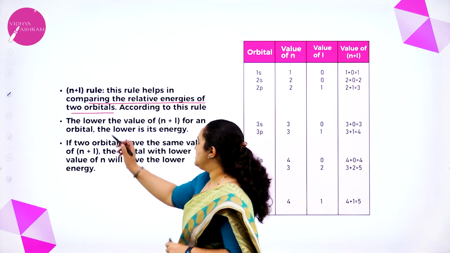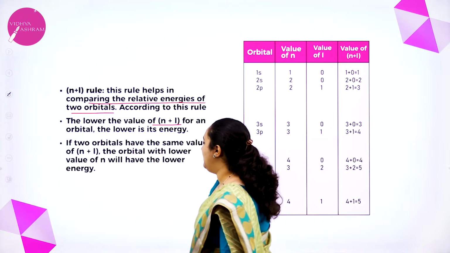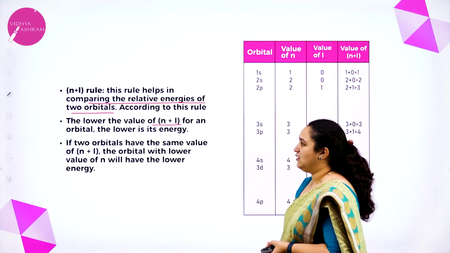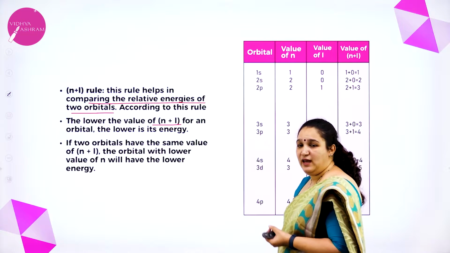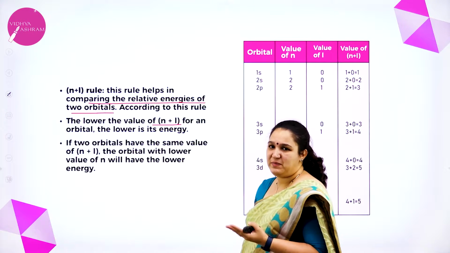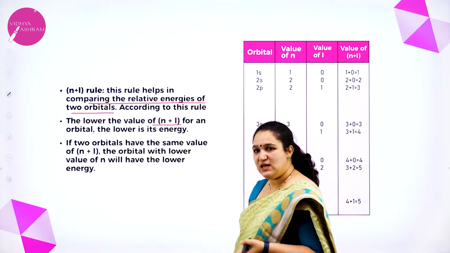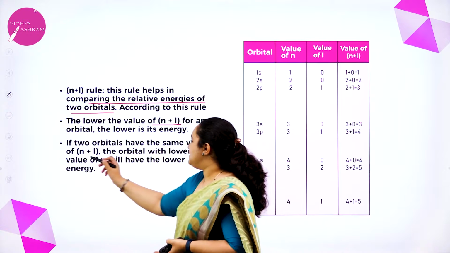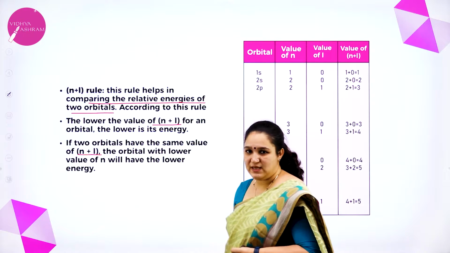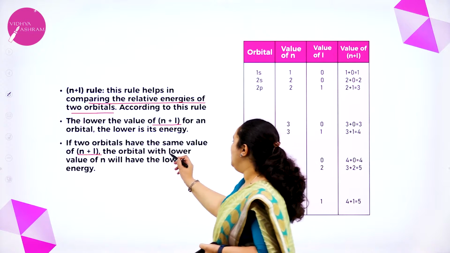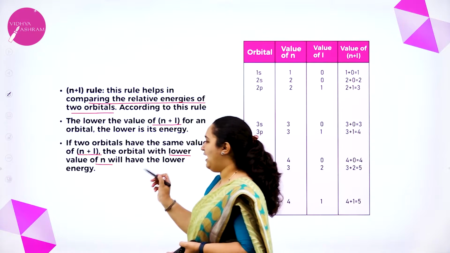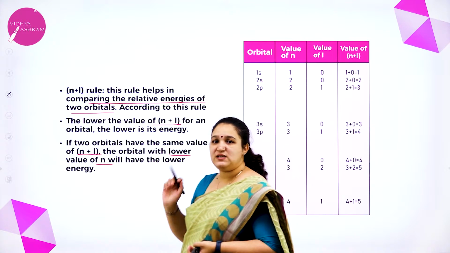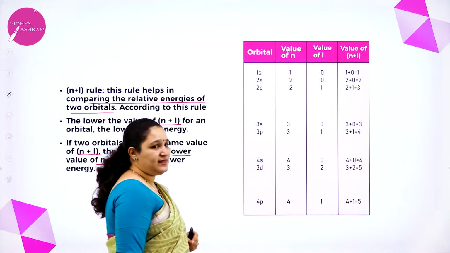According to this, the lower the value of N plus L for an orbital, the lower the energy. If the N plus L value is lesser, that means the energy for that orbital is lesser. If two orbitals have same value of N plus L, then the one with lower value of N will have lower energy. To understand this better, we will see the examples.